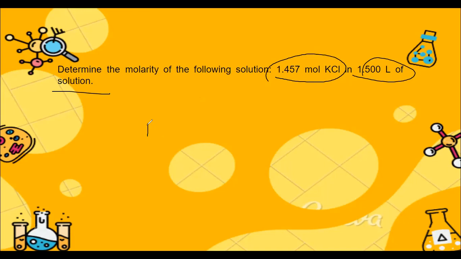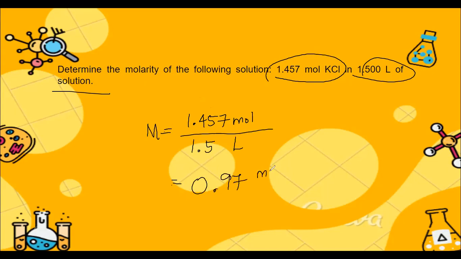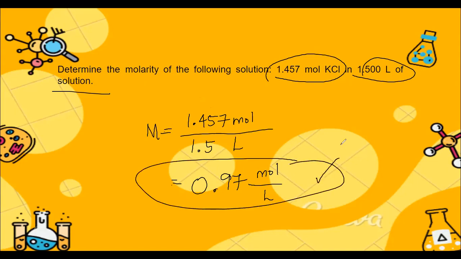So let us solve. 1.457 mole over the liter of solution, which is 1.5 liters. Now let us proceed with division. 1.457 divided by 1.5, the answer is 0.97 mole per liter. So this is our answer.